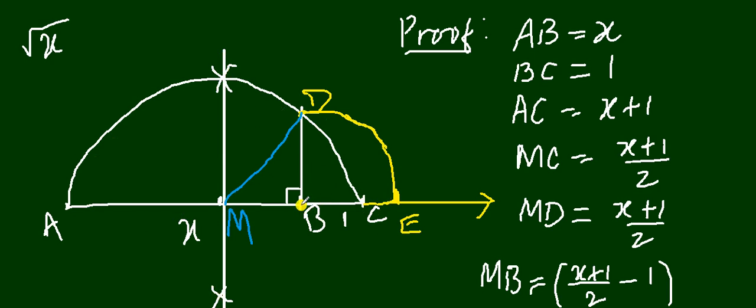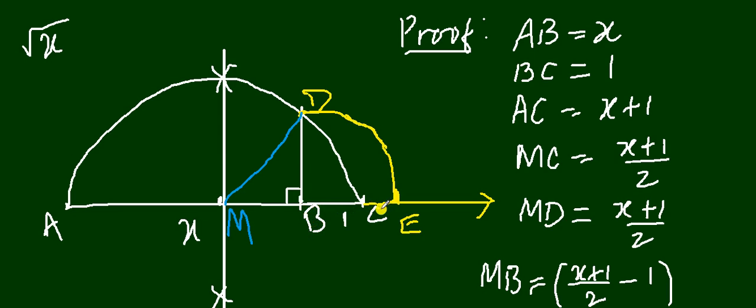And then at B, which is the end of x, draw the perpendicular, so that BD is the required root x. Then you can take BD as your radius and drop an arc to meet the number line, so that the end of x units you had taken becomes the origin, and starting from the origin this length becomes your root x.